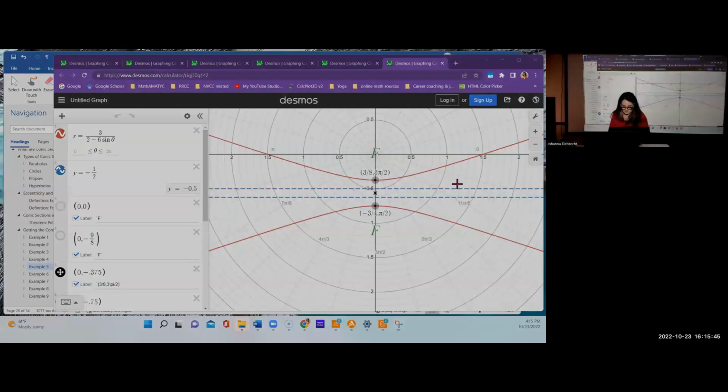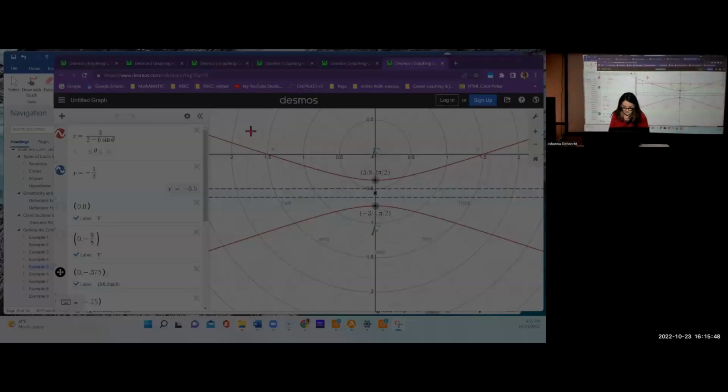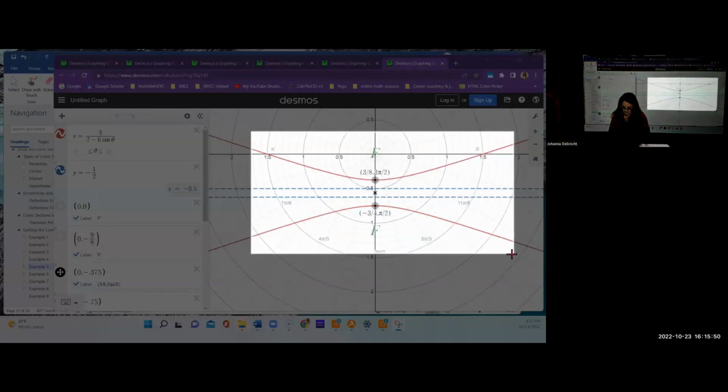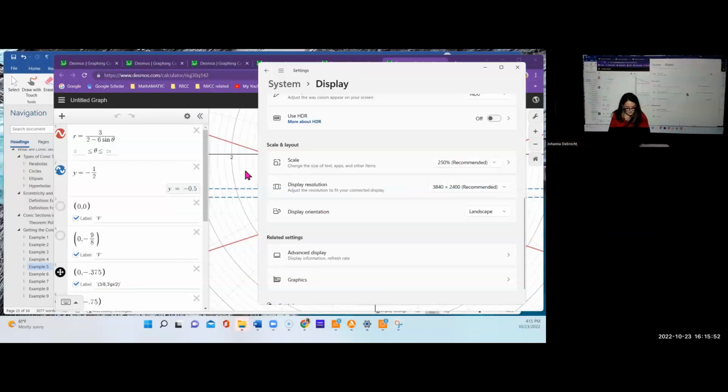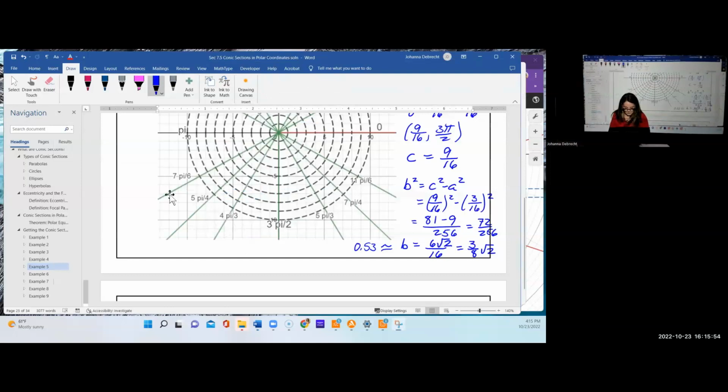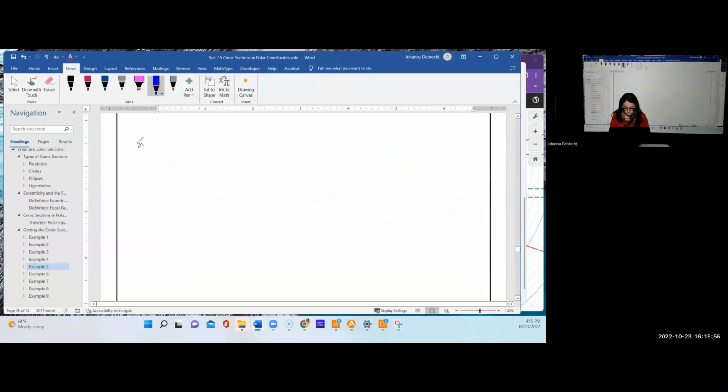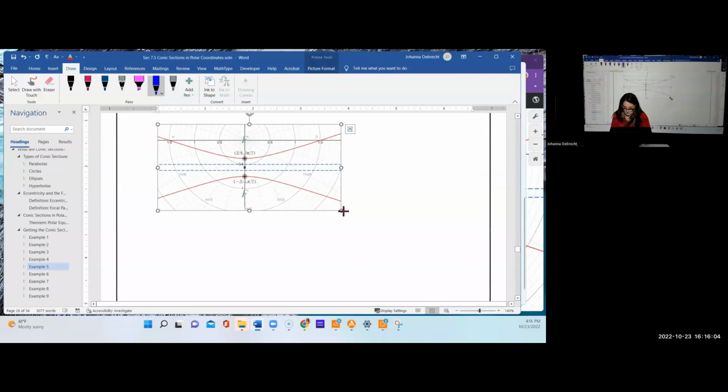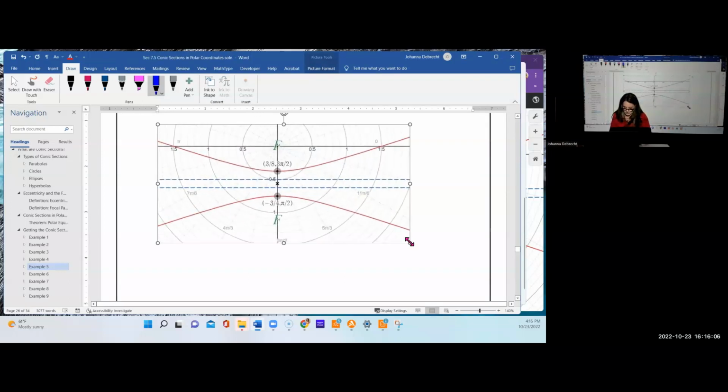Click. All right. Now I'm going to take this and paste it over here. And I'm going to blow it up a little bit so we can see it a little larger. So here's what I have so far.